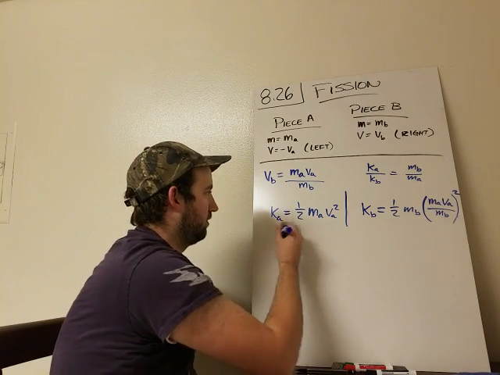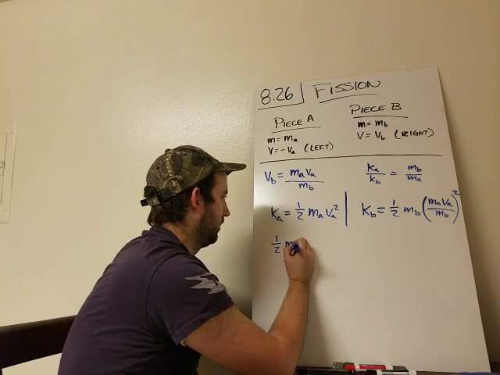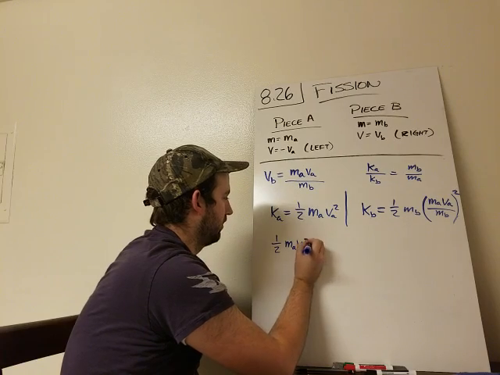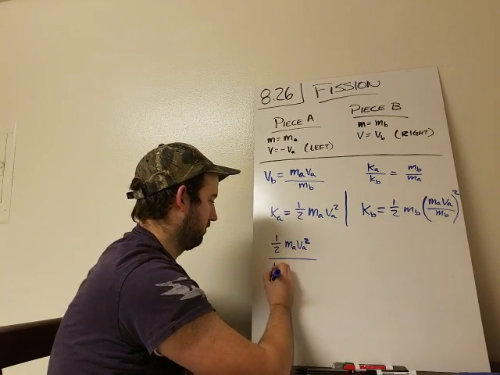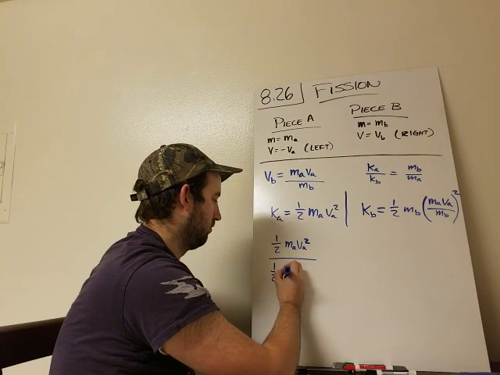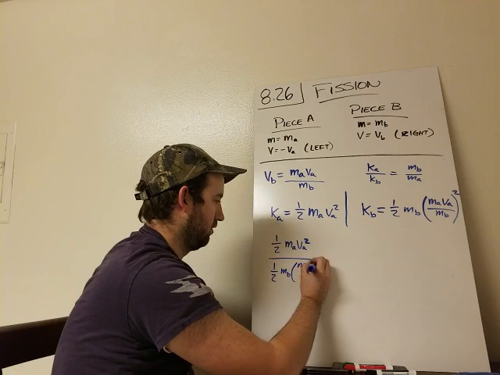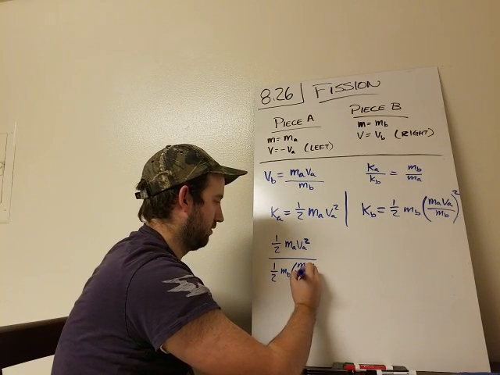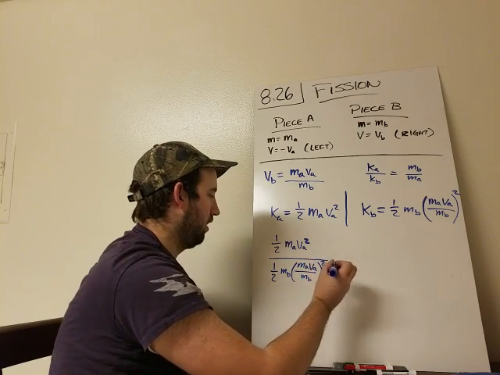If we put K sub A over K sub B, so 1/2 m A v A squared over 1/2 m B times m A v A over m B squared.